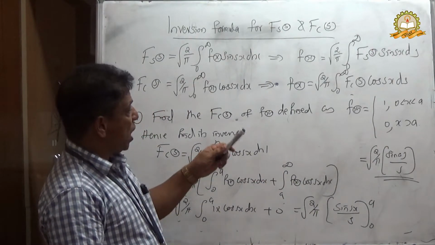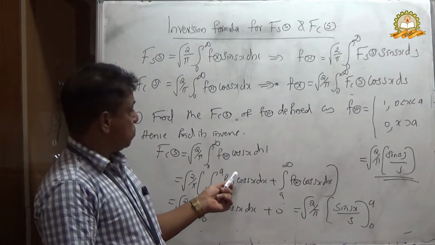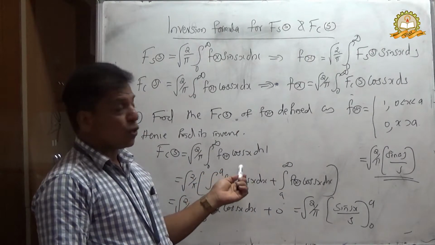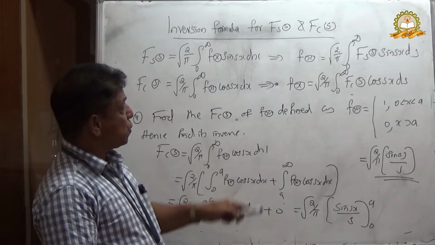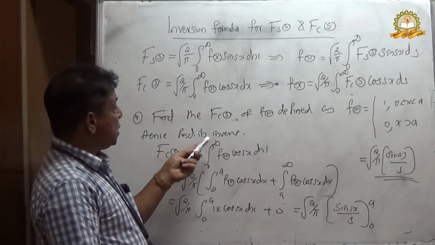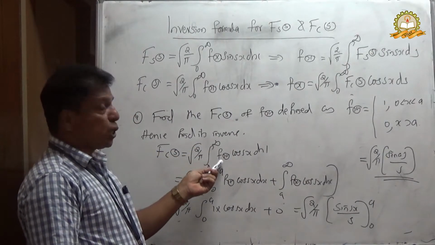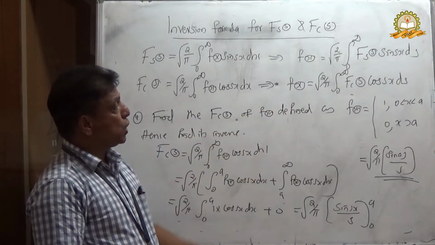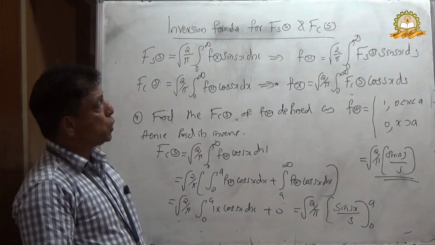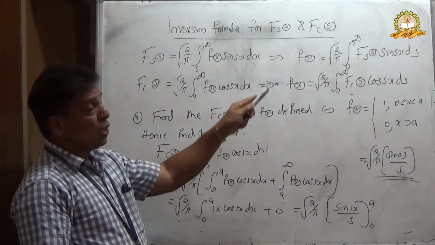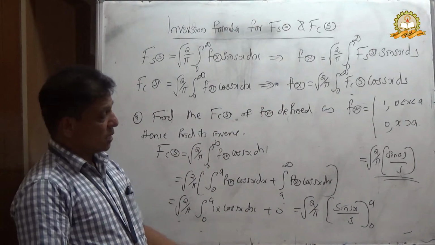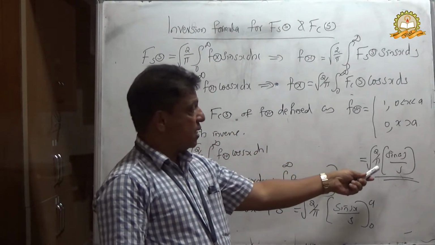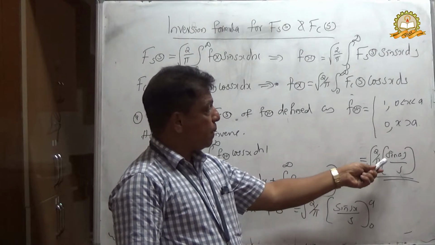So first we evaluated the Fourier cosine transform. Yesterday we already discussed this concept. After finding the Fourier cosine transform, we have to find the inverse, that is, the original function f of x. For that, we apply the formula f of x equal to root of 2 by pi integral 0 to infinity FCS cos sx ds. Here the Fourier cosine transform is root of 2 by pi into sin as by s.